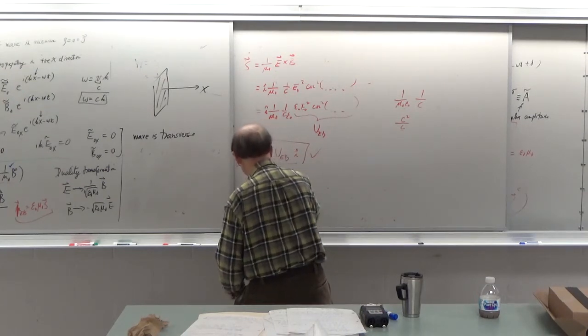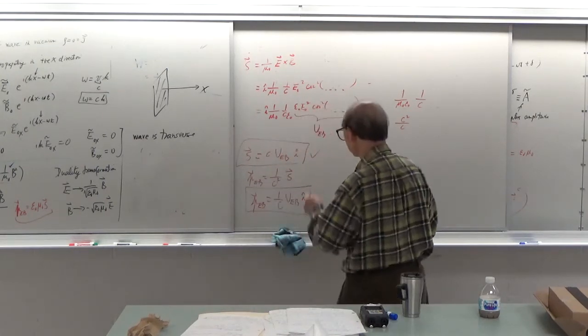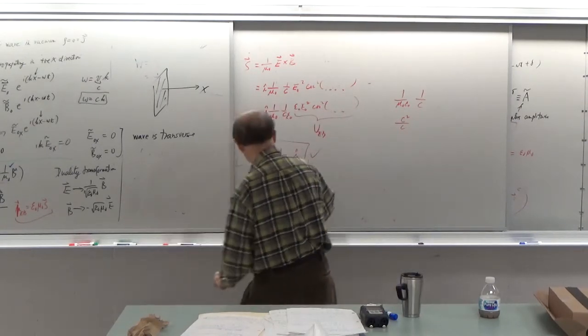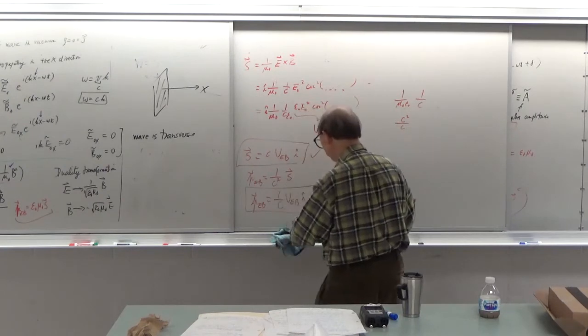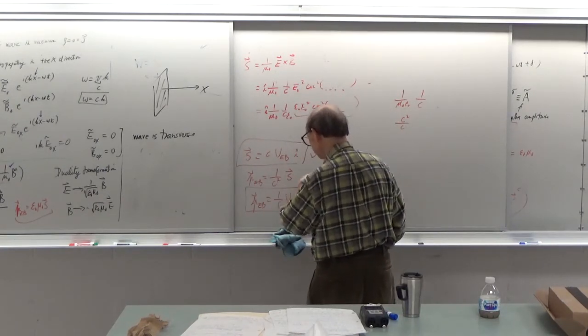So this is the momentum density. So momentum is energy divided by speed, correct.